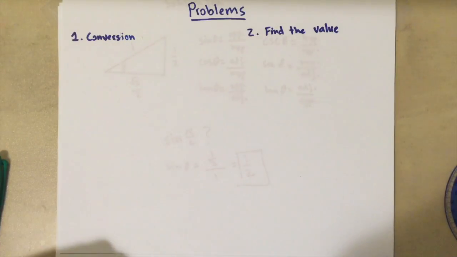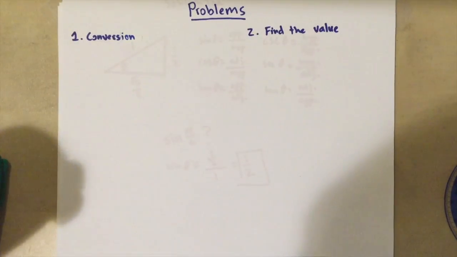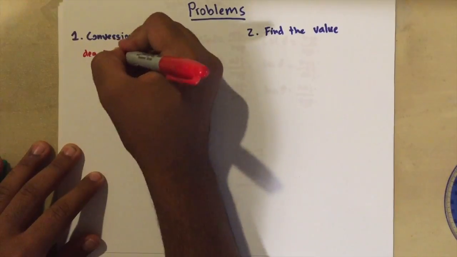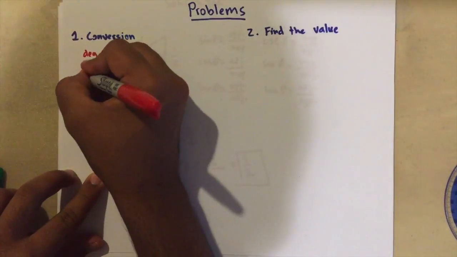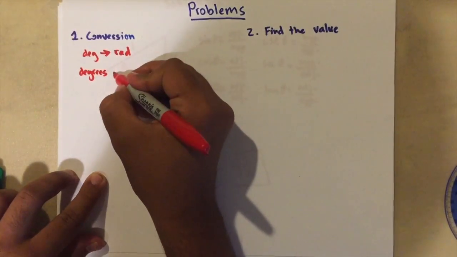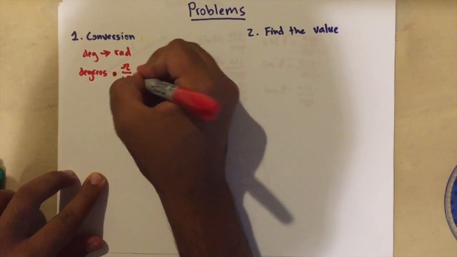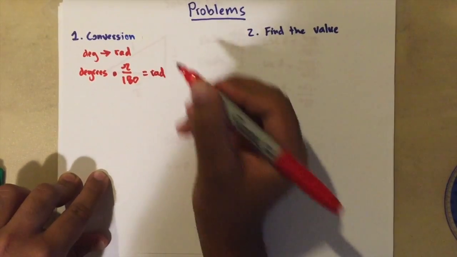So for this, we just have to memorize a simple basic formula. So if we want to go from degrees to radians, essentially what we would do is take our degree value and multiply that by pi over 180, and that would give us the radian value.